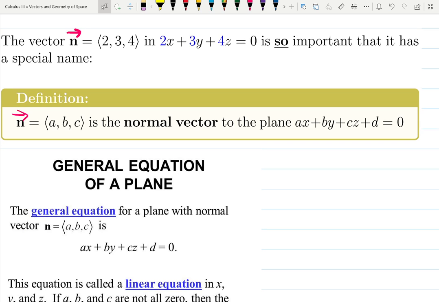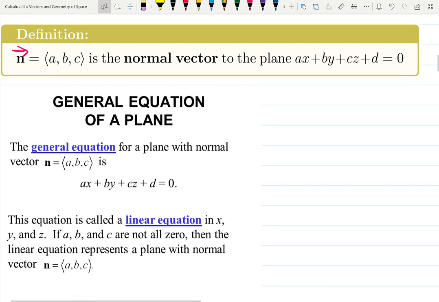So you see these a, b, c's are coming from the equation. Thus, the general equation of the plane is determined by a point and a normal vector (a, b, c). That's what they call a linear equation of the plane in x, y, and z. If a, b, and c are not all 0, then the linear equation represents a plane with a normal vector.